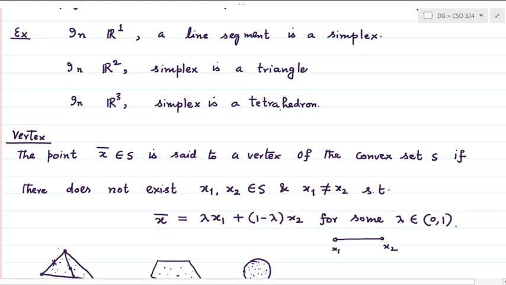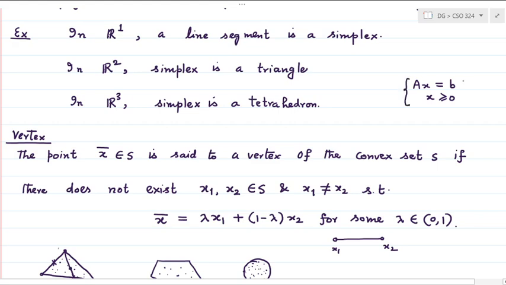And why the name of that method is simplex, that will be clear later on, and we'll find that the name of the method is simplex due to the fact that you are moving from one vertex to another vertex of the feasible region corresponding to the given inequality or the constraint set Ax greater than or equal to b, x greater than or equal to 0.